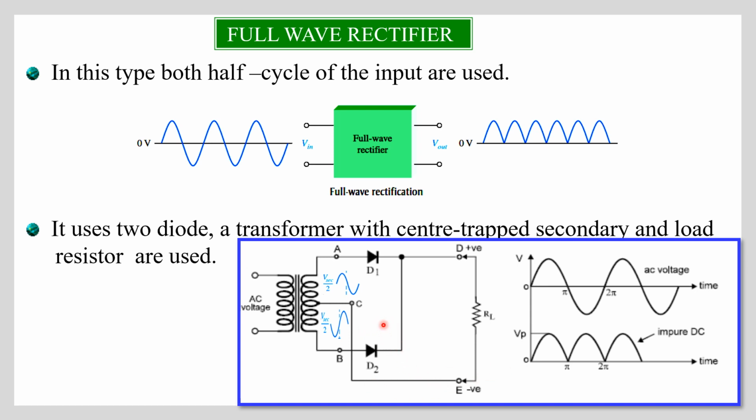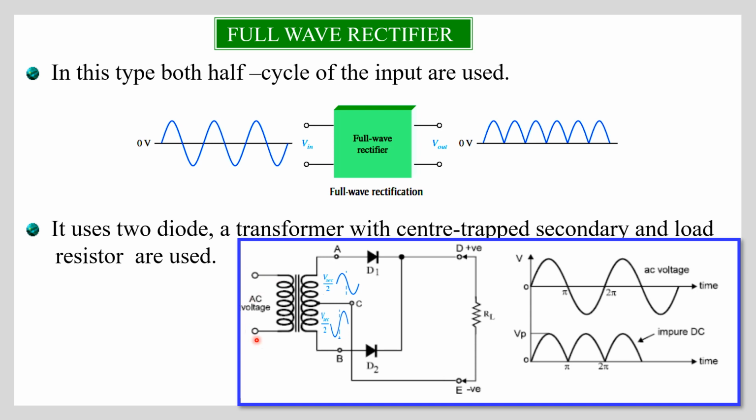Half of the total secondary voltage appears between the center tap and each end of the secondary winding.